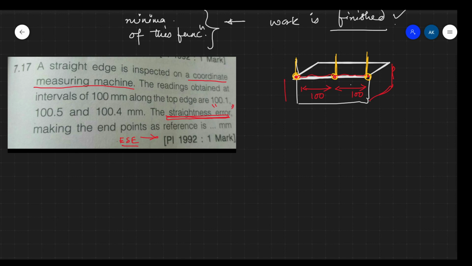Okay, so we will try to plot the curve. What does it mean? At 100, at 200 and 300, this length I don't know. Okay, so either you can make it like this. Now when it was at 100, it obtained some point as 100.1.